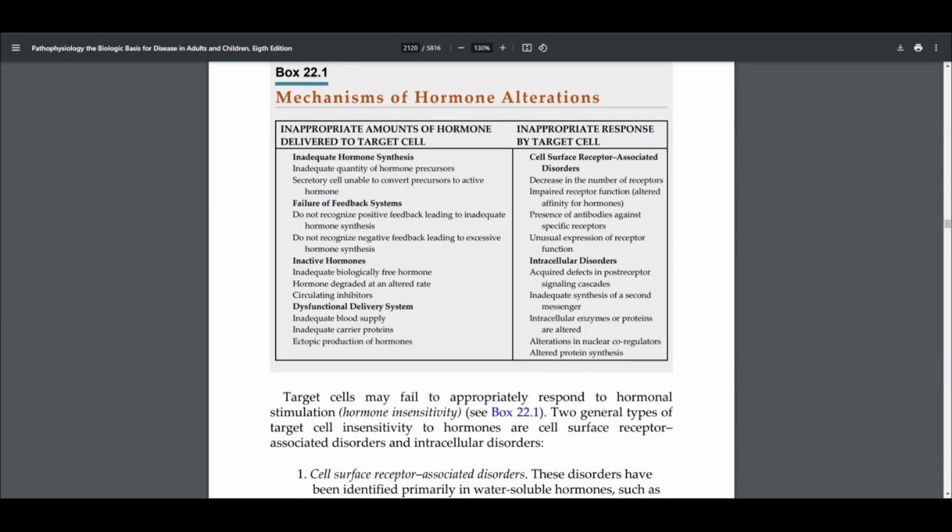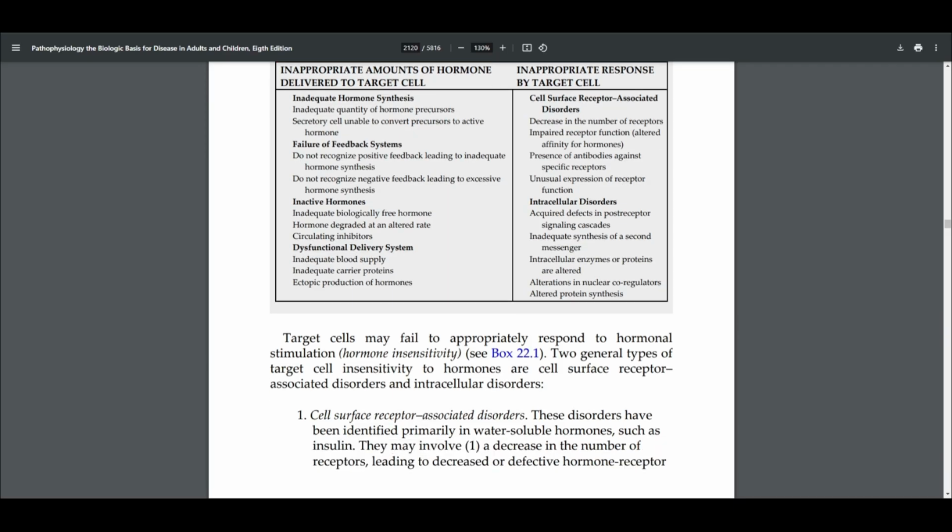Target cells may fail to appropriately respond to hormonal stimulation. Hormone insensitivity. Two general types of target cell insensitivity to hormones are cell surface receptor associated disorders and intracellular disorders. Your cell surface receptor associated disorders. These disorders have been identified primarily in water-soluble hormones, such as insulin.